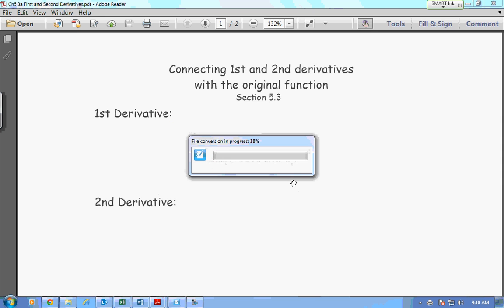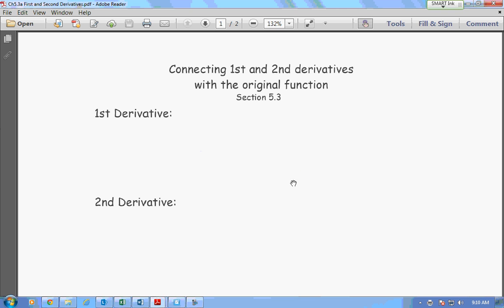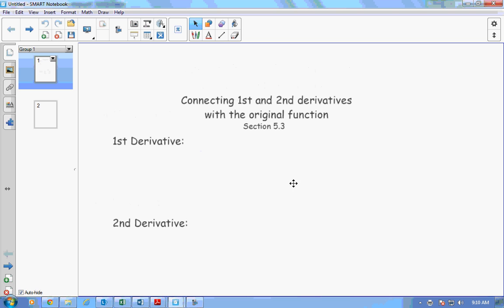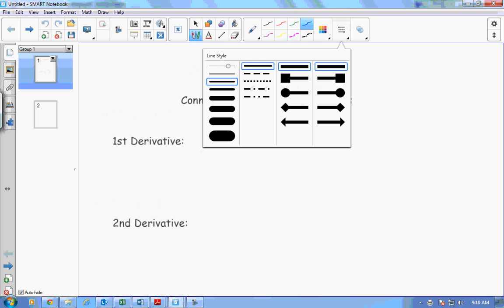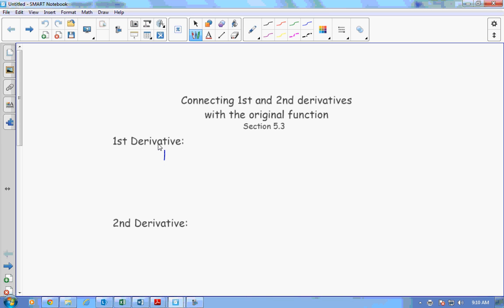Okay, so once this comes up, I'll write that in. So first derivative tells us relative and absolute maximums and minimums.